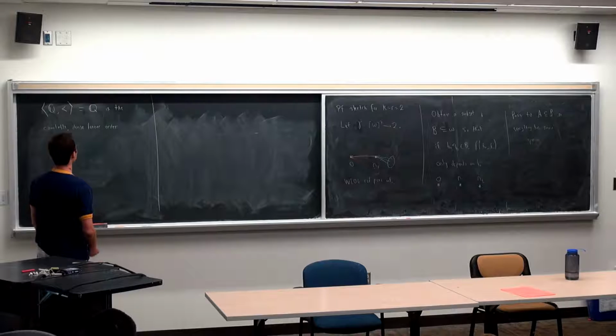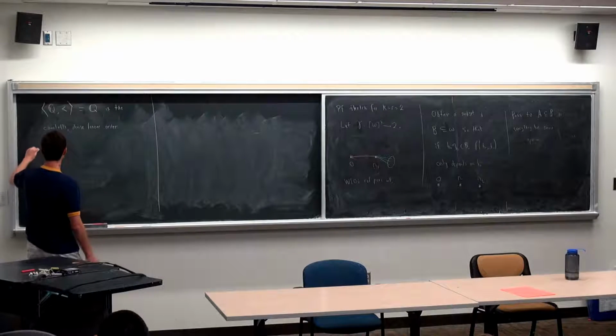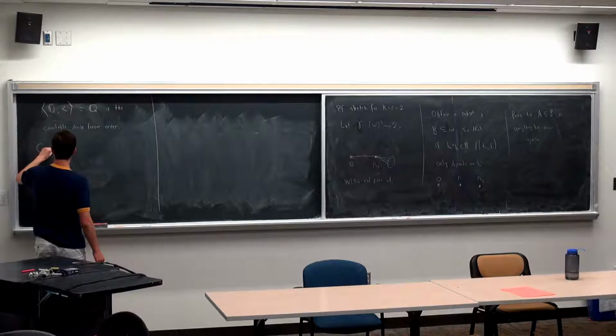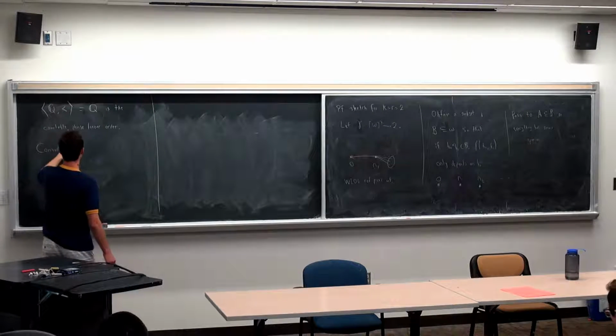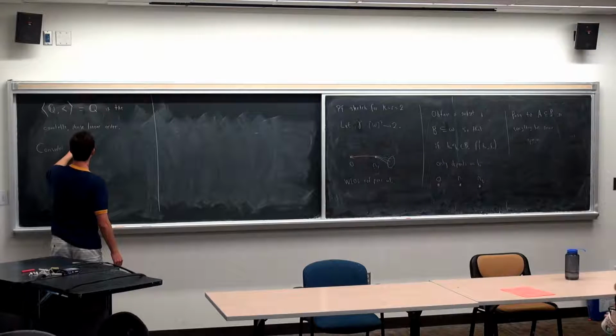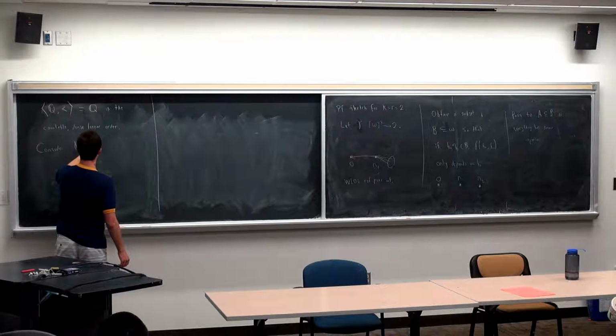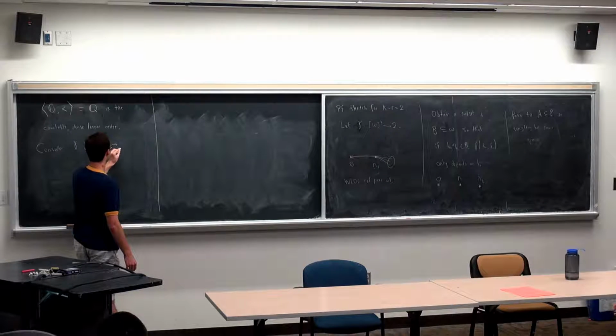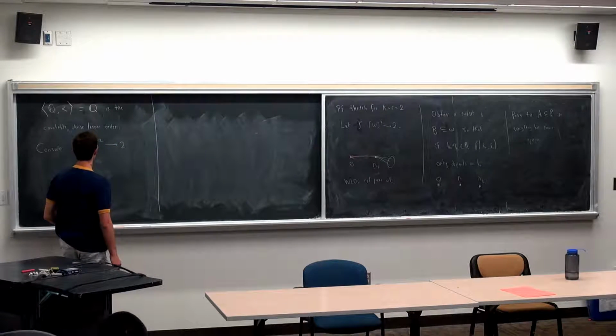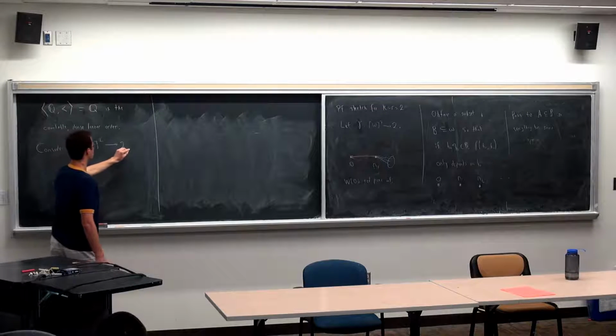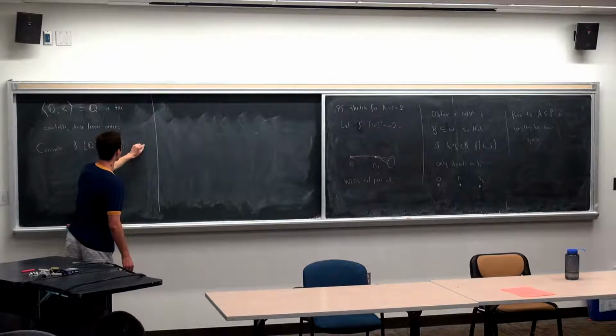So let's consider the following scenario. Say that I had a coloring from the pairs of rationals to 2. So this is a coloring.